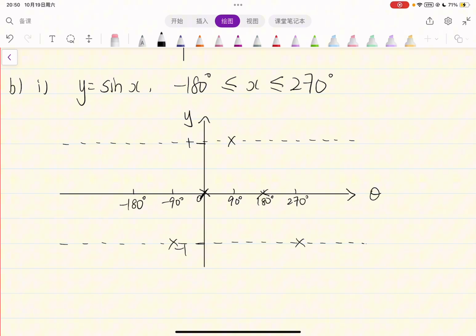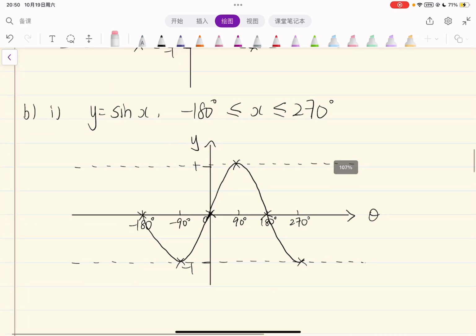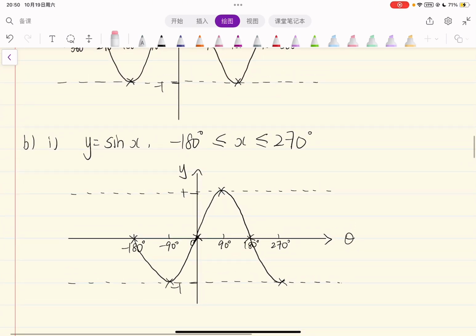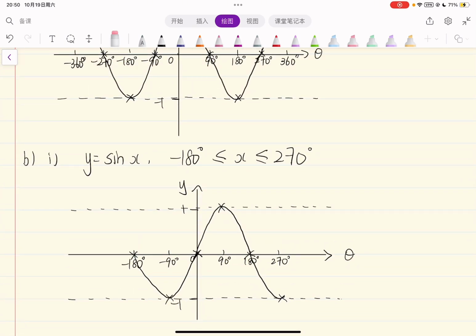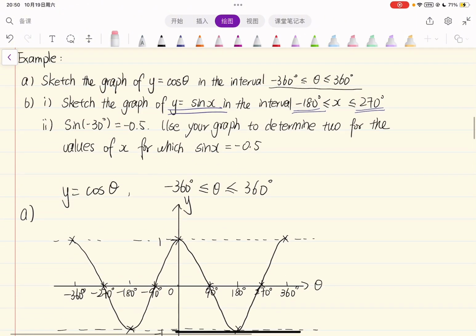Theta equals minus 180 degrees, y equals 0. Now we can draw the curve. Yeah, like that. So we've done part 1.